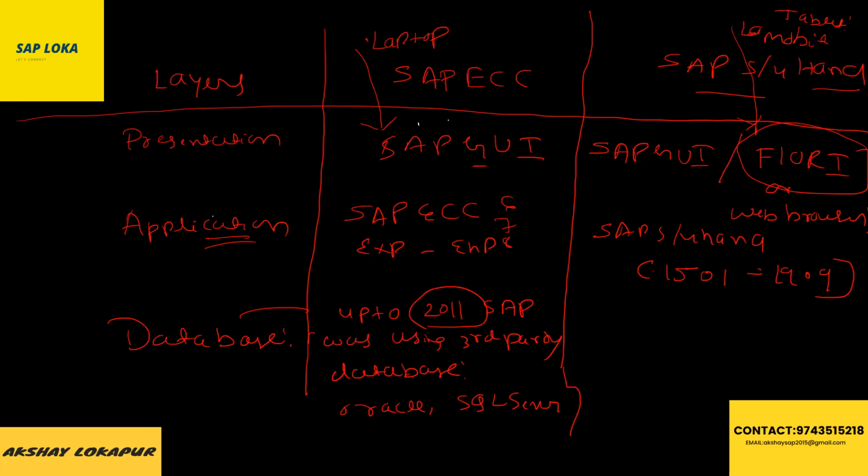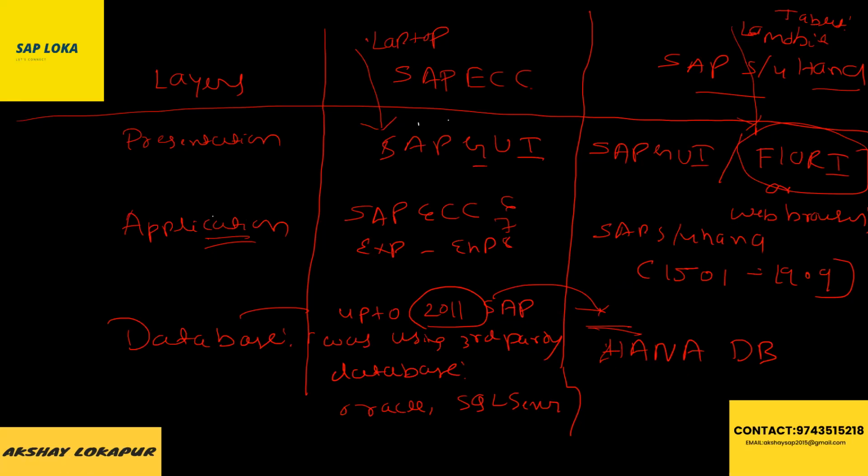And in S4 HANA, it has its own database, called HANA database. What is HANA database, we'll see. Why did they come to HANA database? Because it's very fast compared to the earlier ones. How it is fast and why they implemented it, we'll see. It has its own database, no need to go for any third party.